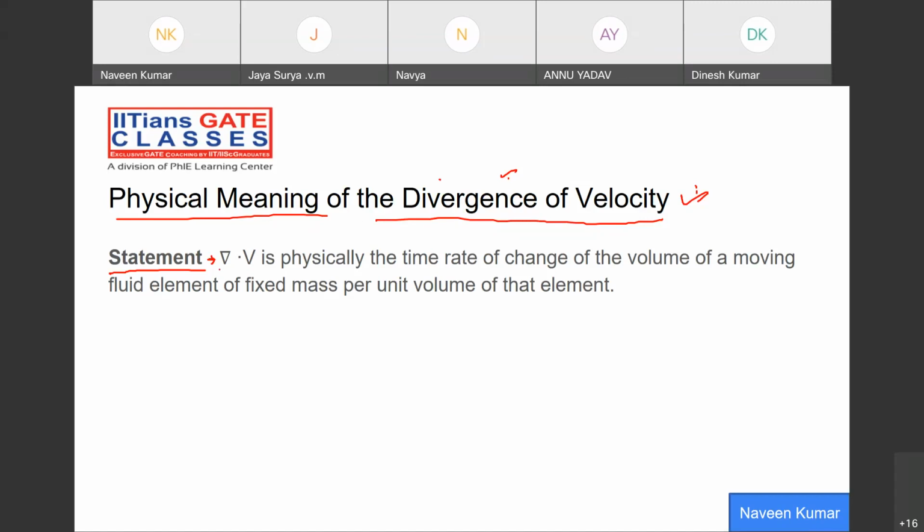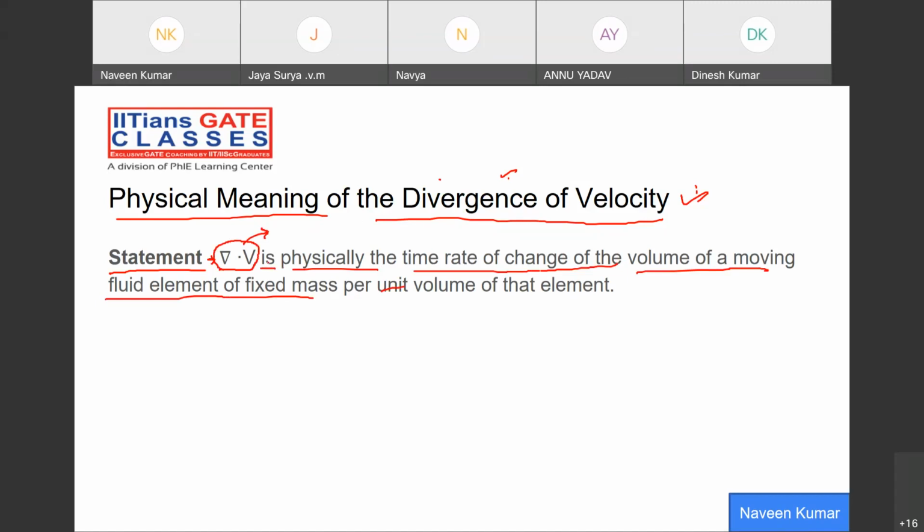So del dot v, this symbol tells the divergence of velocity. Okay, del dot v is physically the time rate of change of volume of a moving fluid element of fixed mass. You just listen to it very carefully.